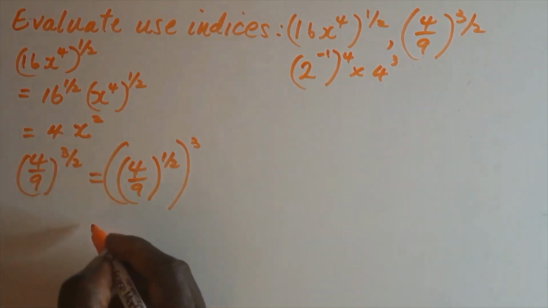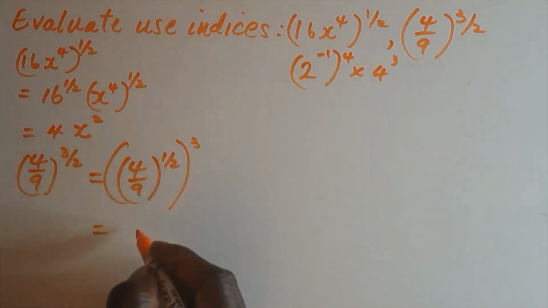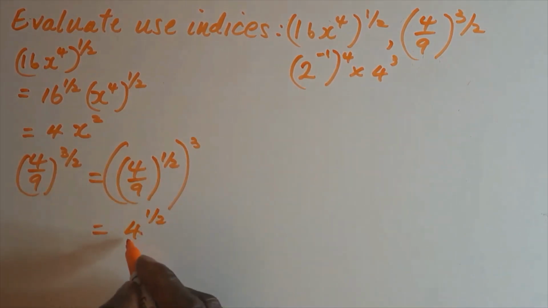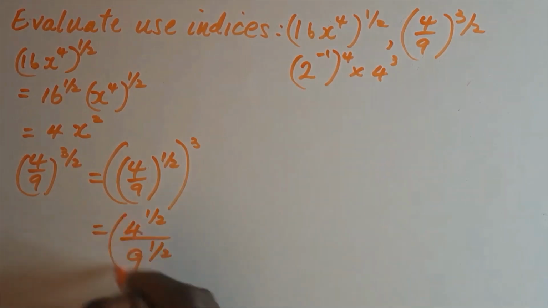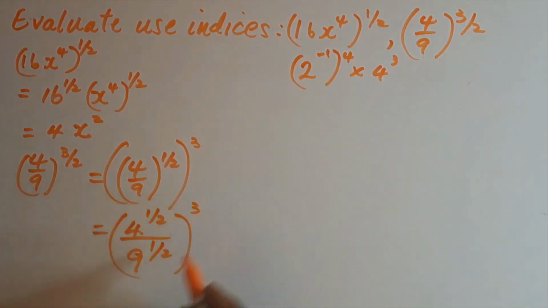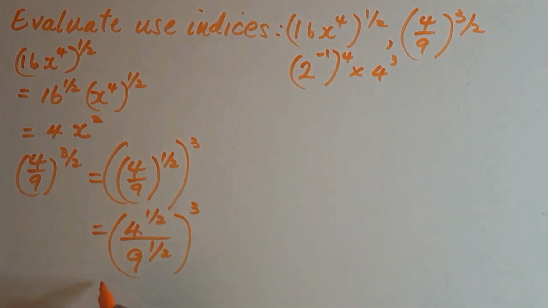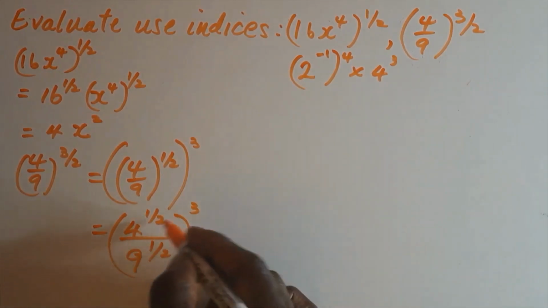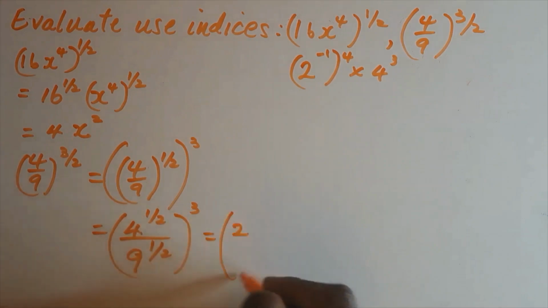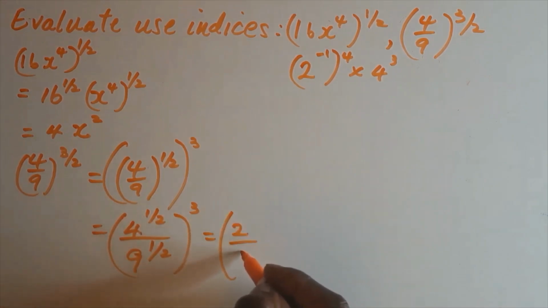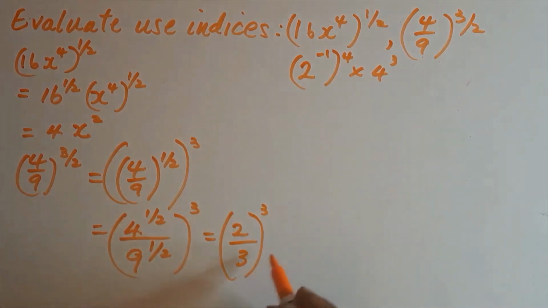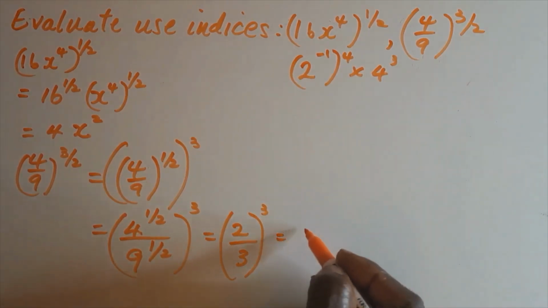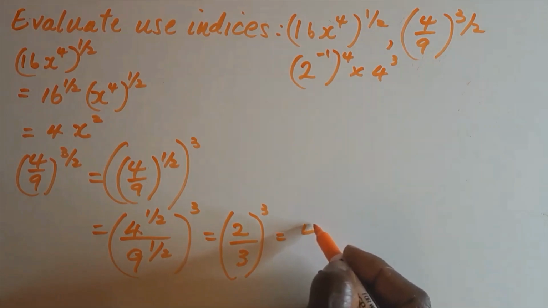So first it's asking us to take the square root of 4/9, which means the square root of the numerator and the square root of the denominator. We get that result, we cube it. And this is equal to 2 over 3. And we cube the result, which gives us 8.